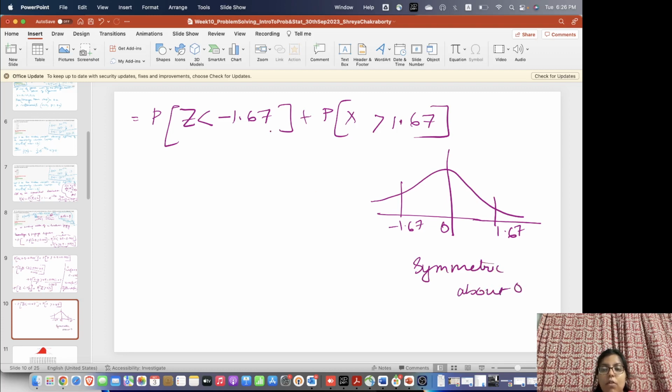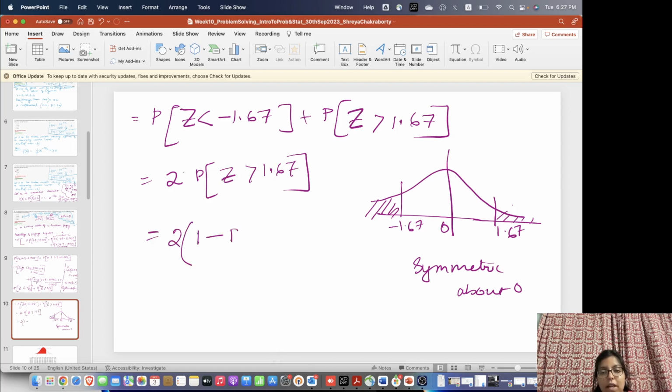So this is this area plus this area, and we can write it as 2 times the probability of this area, because the two areas are the same. So it is 2 times the probability Z greater than 1.67.